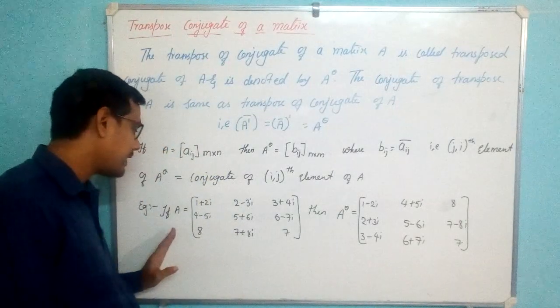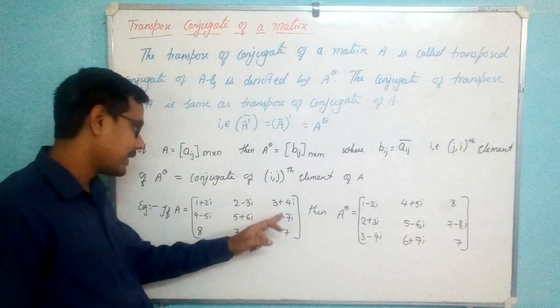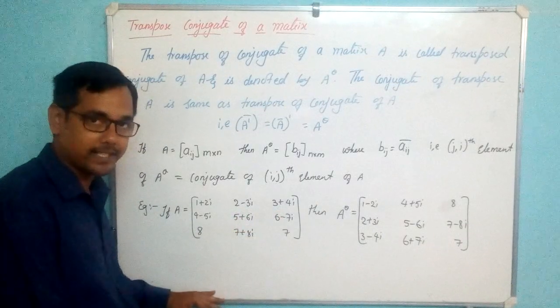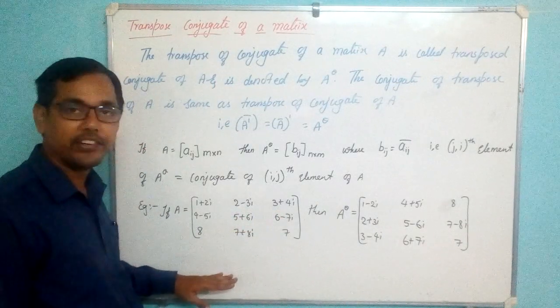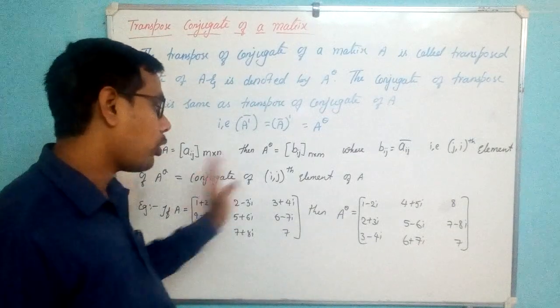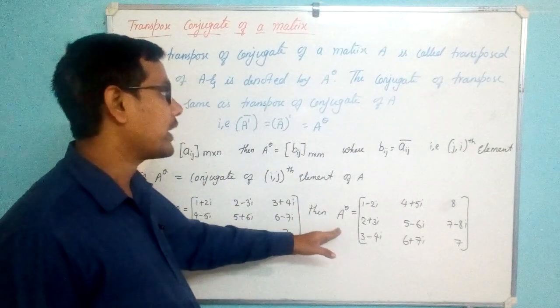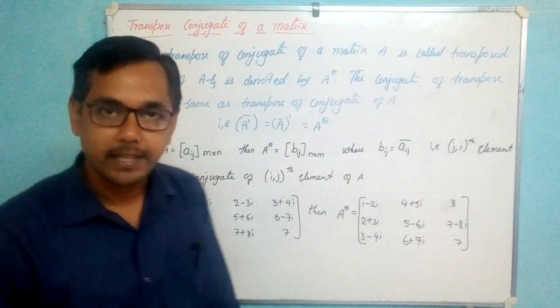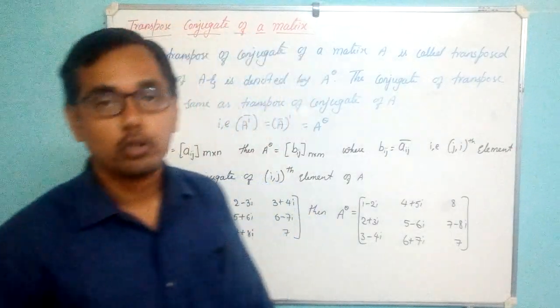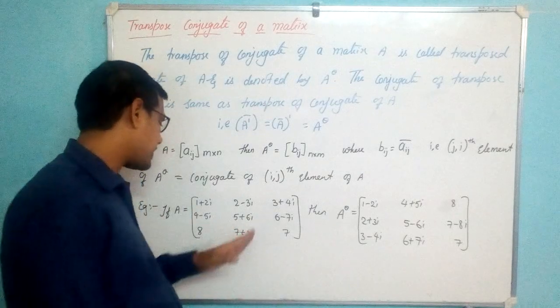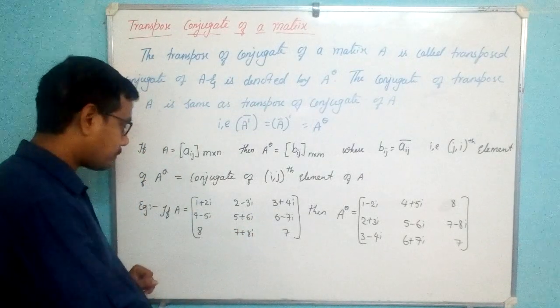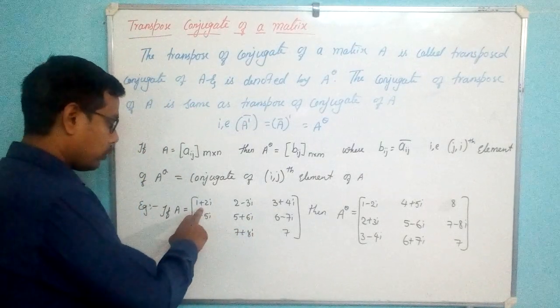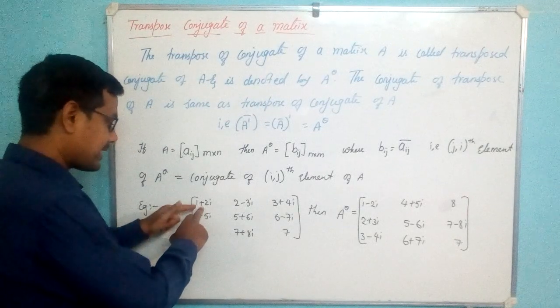You can see here, if A is 1 plus 2i, 2 minus 3i, the same example we have taken for conjugate, the same example I have taken here, right? So taking transposal conjugate is first you have to take transpose, then conjugate, or conjugate then transpose. If I take transpose, what will be my value? 1 plus 2i will be as it is.